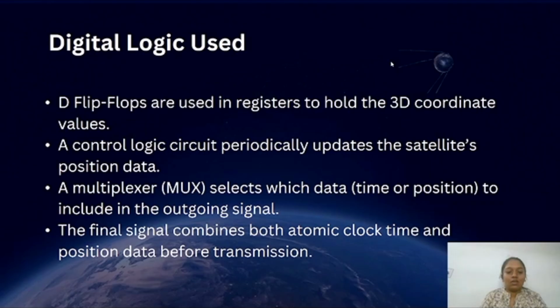When the signal is transmitted towards the Earth, it carries both the time from the atomic clock and the location from the position register. On the receiver side, this information is used to figure out when the satellite sent the signal, and from where it sent it.